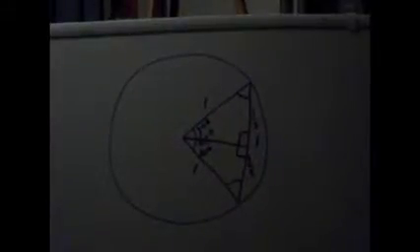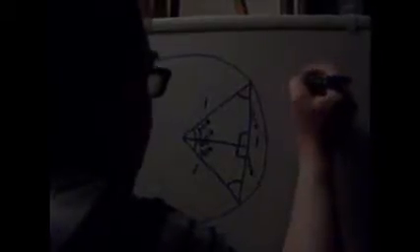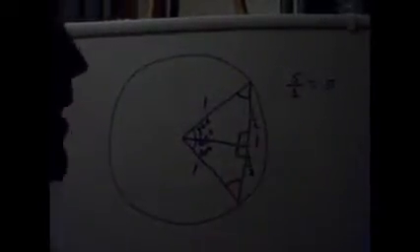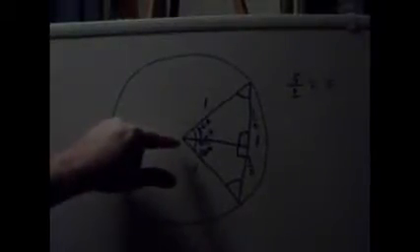Because if you're trying to calculate the sine of 30 degrees, which is exactly what we're trying to do, if you do 0.5 divided by 1, you're going to get 0.5. So the length of this line right here, which is 1/2, also happens to be the sine of the angle 30 degrees.